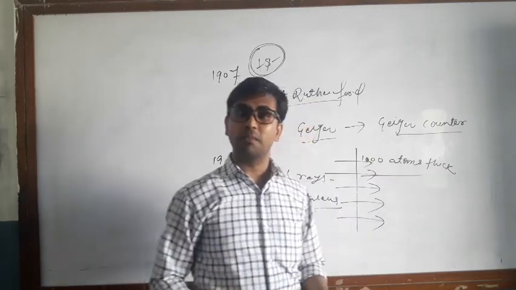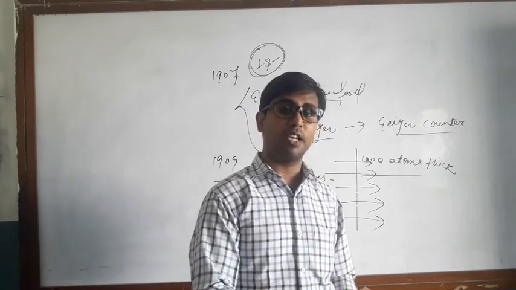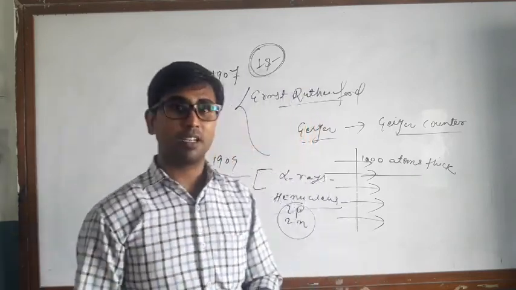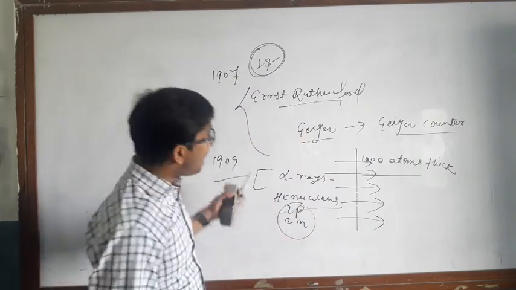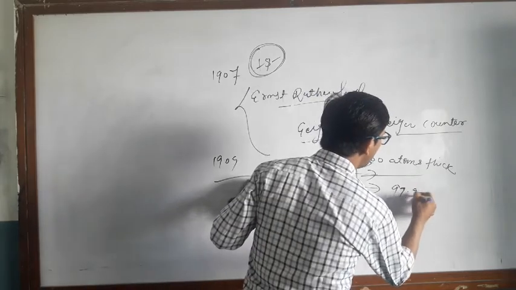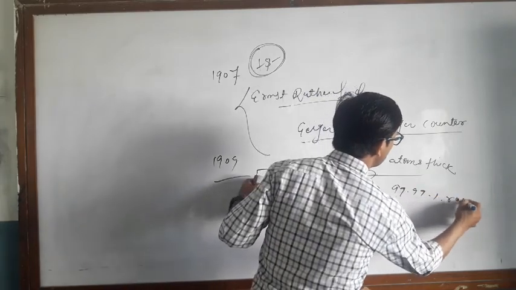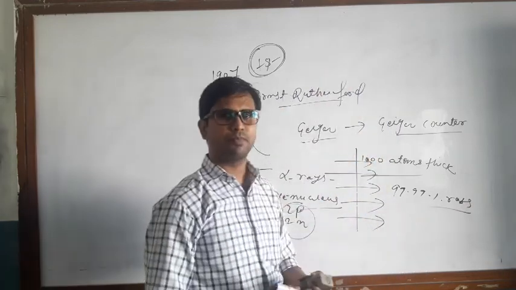And even it's gold atoms, and a gold atom is actually heavier. And if it's heavier, then it should be thicker than a helium nucleus. But why are all the rays actually passing? Almost 99.99% of rays crossed the sheet.